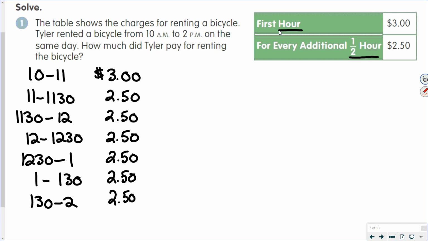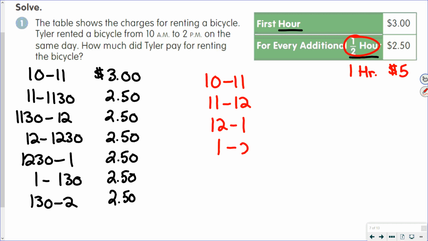Okay. Now, something else you could do on this one, if you recognize that that's a half hour, and you look at it as 1 hour, well, if a half hour is $2.50, 1 hour would be $5. So you could take it and go from 10 to 11, 11 to 12, 12 to 1, and 1 to 2.